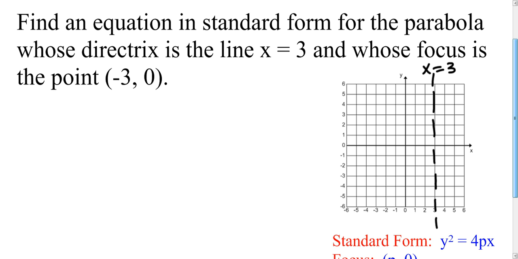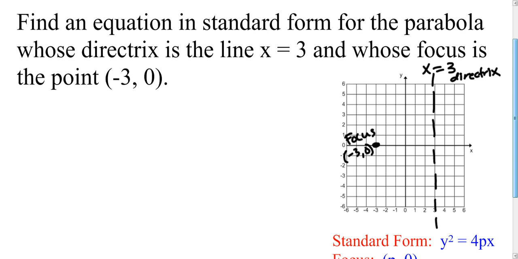Okay, and then it says I have a focus of (-3, 0). So this right here is my focus. I'll just label this. Okay, and I'm going to label this as my directrix. Okay, if I have a vertical directrix and I have a focus over there, what I know is it's a sideways parabola, okay?